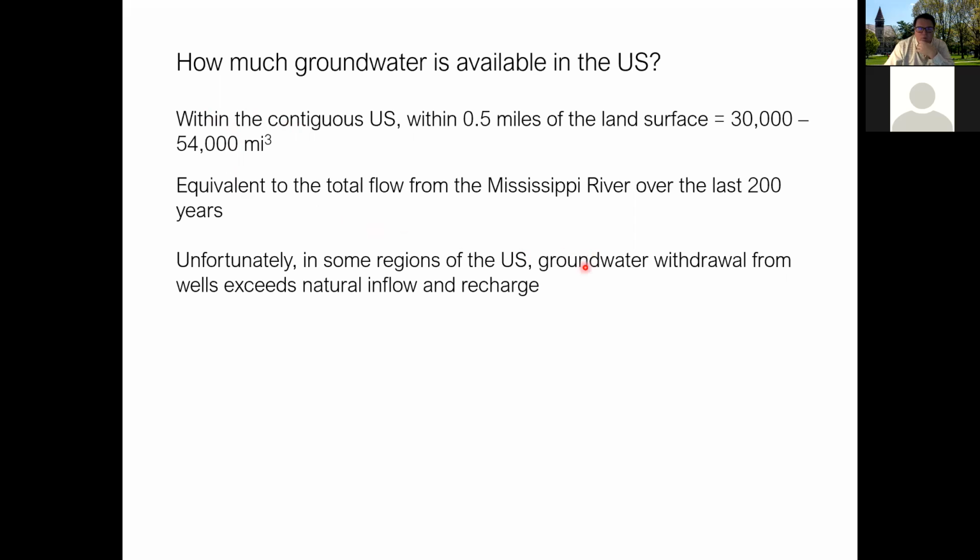As a result, you often see that groundwater withdrawal in many regions of the country, California we already talked about, exceeds natural inflow and recharge, in some cases substantially. So just to redefine this, when the withdrawal exceeds natural inflow and recharge, it's called groundwater overdraft or groundwater deficit. Some people call it groundwater drawdown. Any of those terms are fine, and I won't test you on the vocabulary or the nuances of the vocabulary of that.